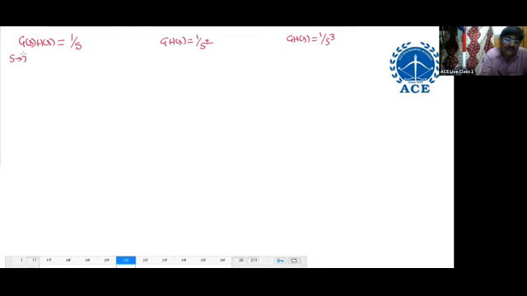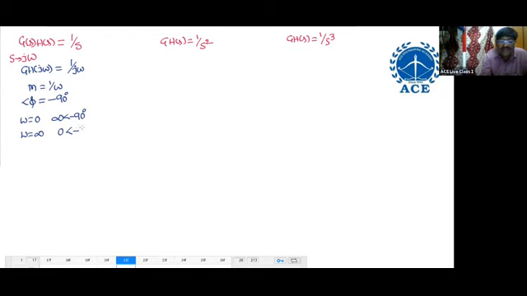S replaced by j omega. GH of j omega equal to 1 by j omega. Magnitude 1 by omega, phase angle minus 90. Omega 0 to infinity, minus 90. So it satisfies our condition.